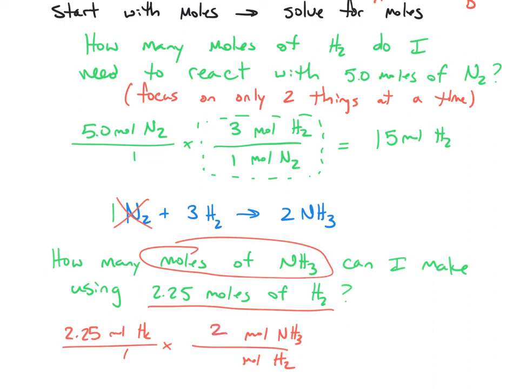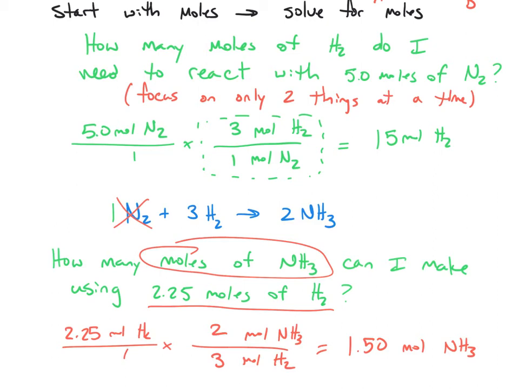And then the H2, which is on the bottom, I just simply pick the coefficients out of the balanced chemical reactions, and I put 2 on top and 3 on the bottom because I'm trying to get rid of H2 and solve for NH3. So when I put this into my calculator, I get 1.50 moles of NH3. Now your calculator just says 1.5, and I added the 0 on the end because I needed 3 significant figures.